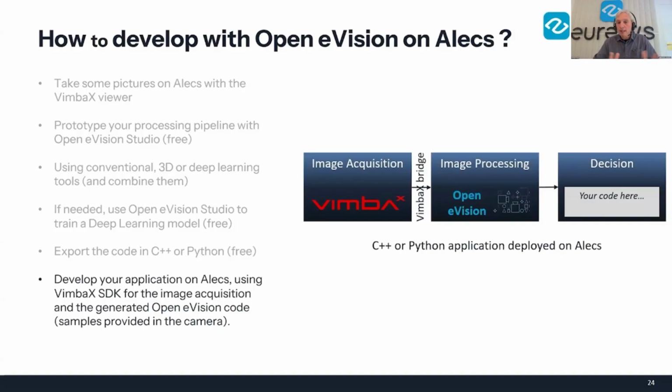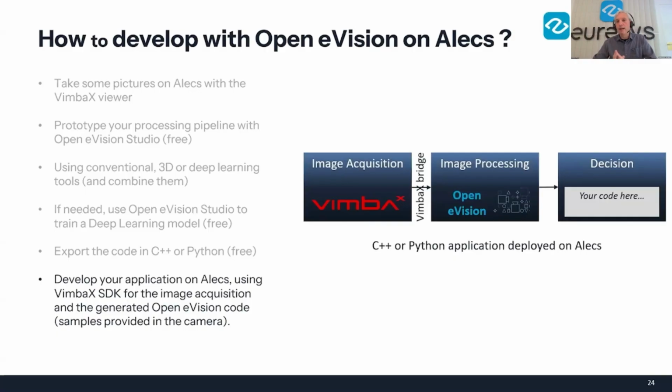A typical application in its simplest form is probably composed of 3 different parts. One part to acquire the images, and on Alex, it will be using the Vimba X SDK from Allied Vision. Then pass that image to the image processing pipeline built with Open eVision. Here it's exactly and only the code you get from Open eVision Studio.